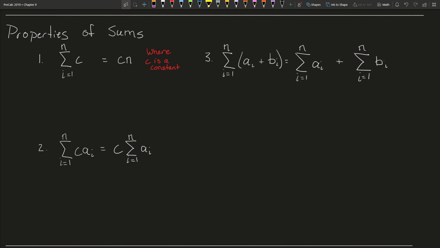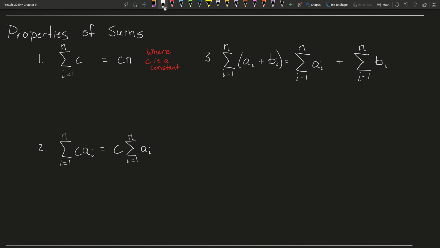So this first property, we are summing c from i is equal to 1 all the way up until i is equal to n. Now, because there is no variable in here, there's no i in there, all we're doing is summing c over and over again n times.